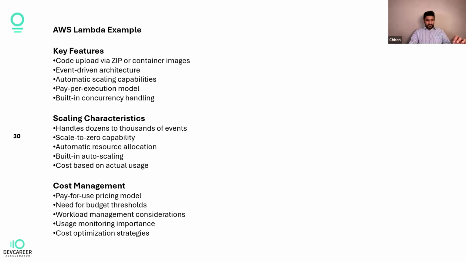It handles thousands of events. Like I said, 100,000 events will trigger it, but based on the number of events, it will scale up. Again, cost management for serverless is very good because you save a lot of money on resources and on infrastructure.